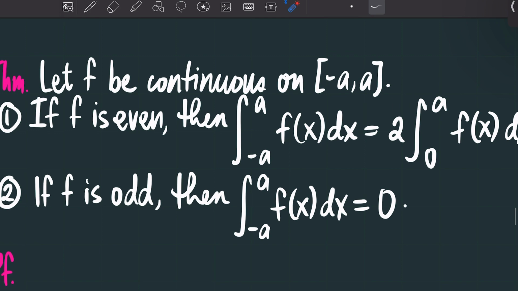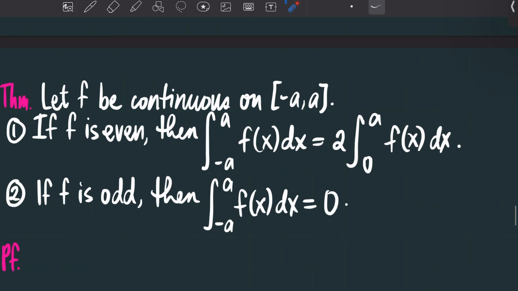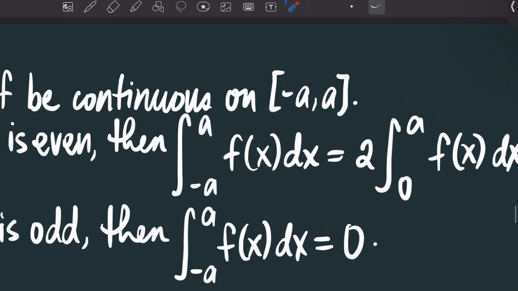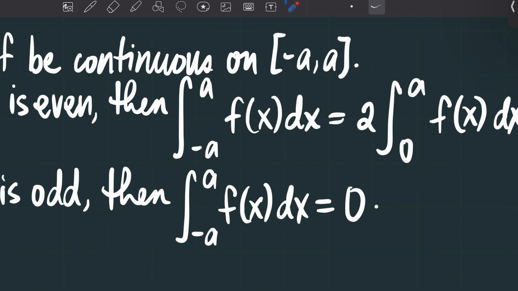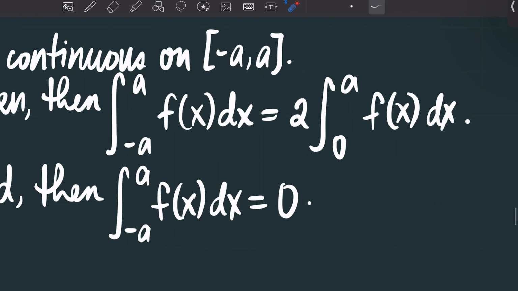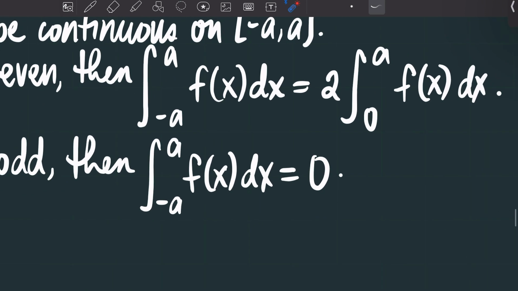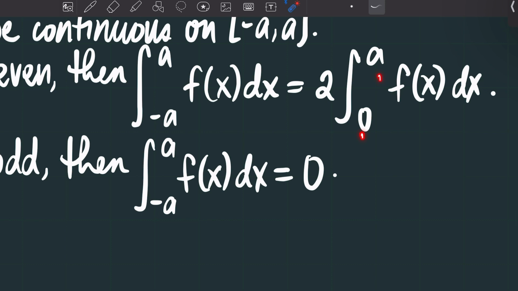Let f be continuous on the closed interval negative a to a. So, important to class, no? Para ma-apply natin yung symmetry, we want it to be from negative a to a. So, it should be the negative of each other. If f is even, the integral from negative a to a of f of x dx equals twice nito. Twice nung integral from 0 to a.